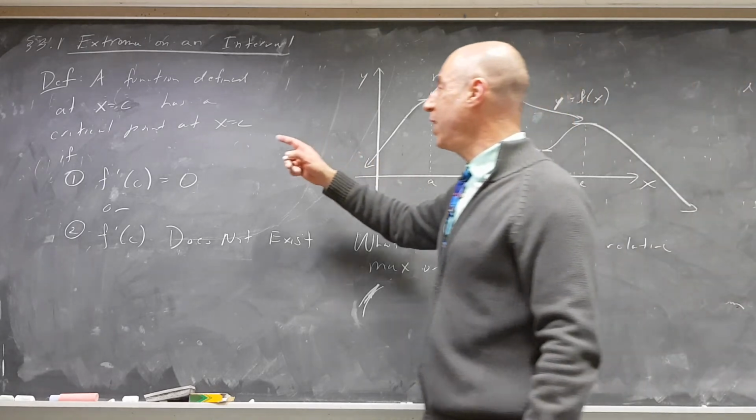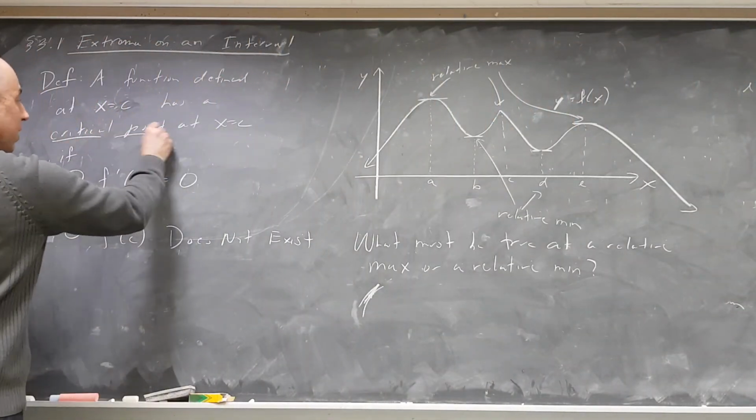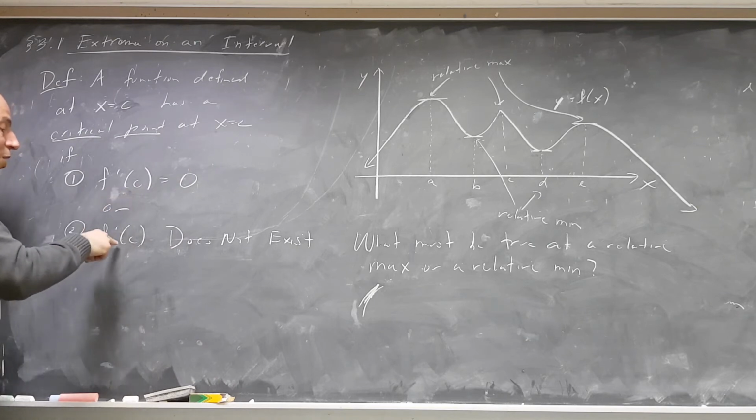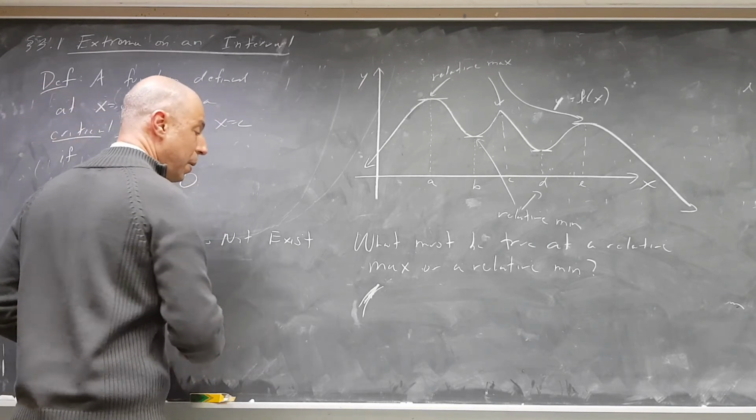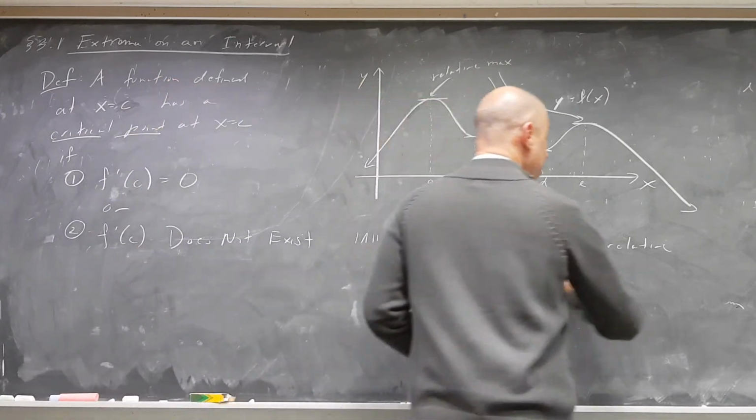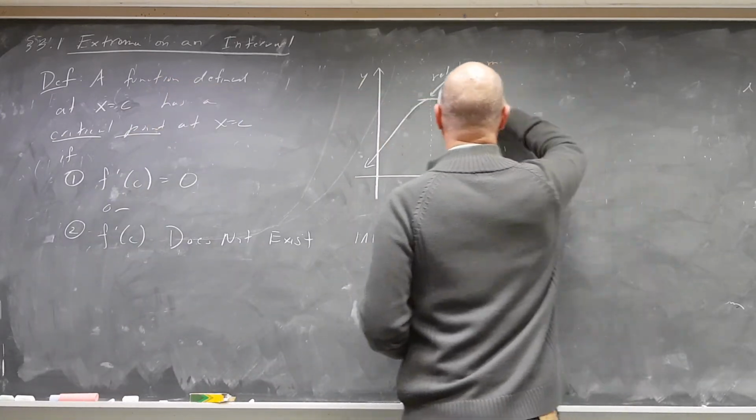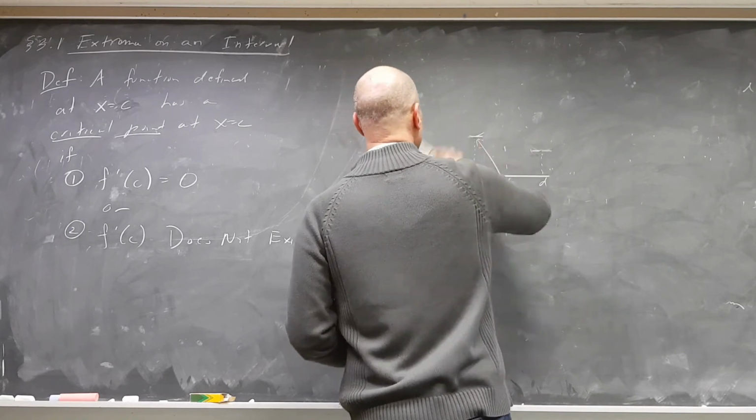So the definition of a critical point is an x value where the derivative is either equal to 0 or doesn't exist. And I think you won't be surprised by the next proposition.